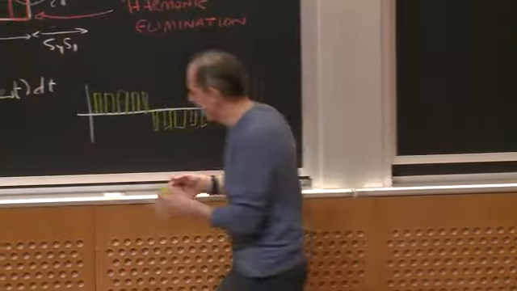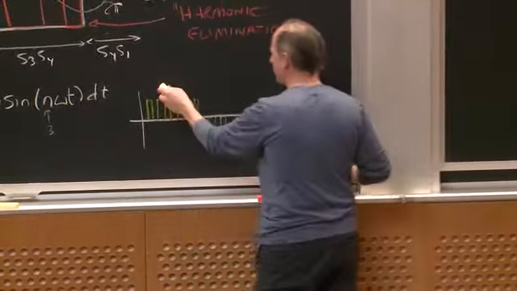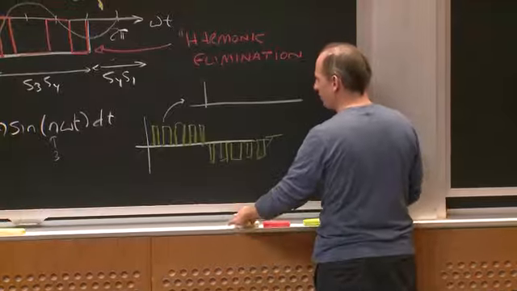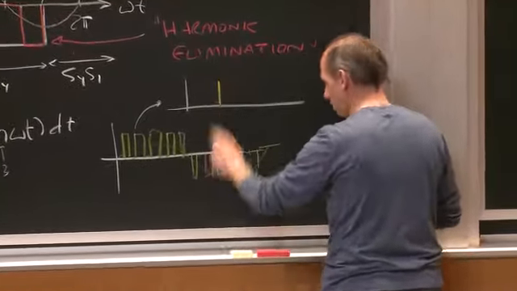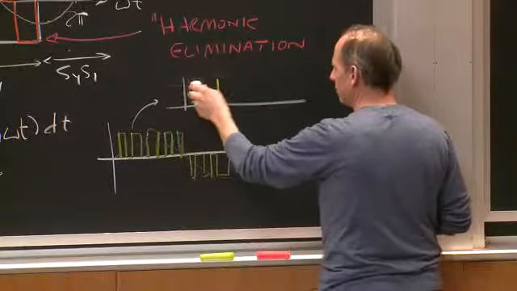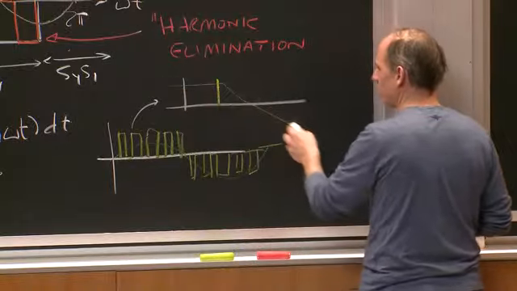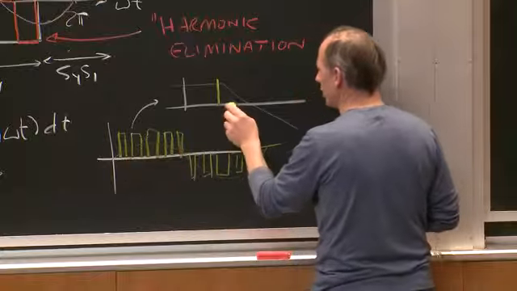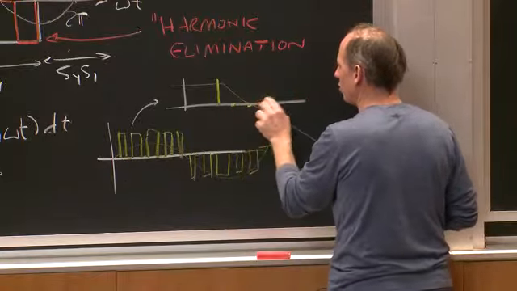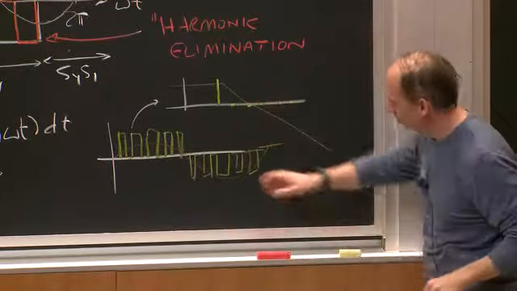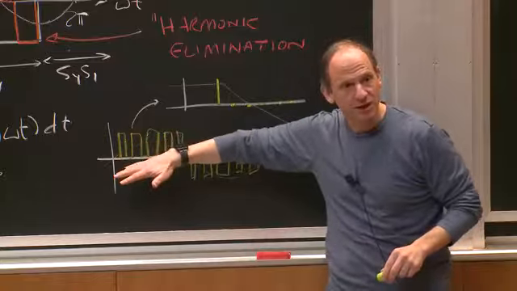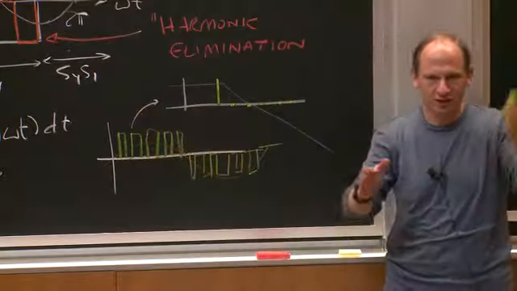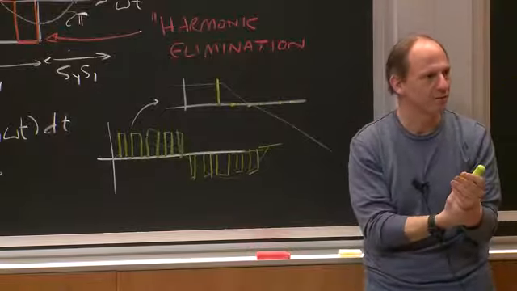What I am doing, if I think about this in the frequency domain, right, is I've got my fundamental that I want. I've got some filter that's going to then cut off, right? And what I'm doing by doing this is I'm eliminating a bunch of the low order harmonics. But you can see that this has a bunch of high frequency content, right? I'm switching up and down and up and down and up and down. That suggests there's a bunch of high frequency stuff there, right?